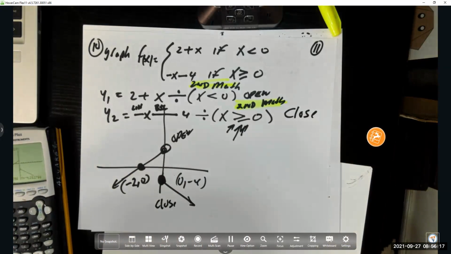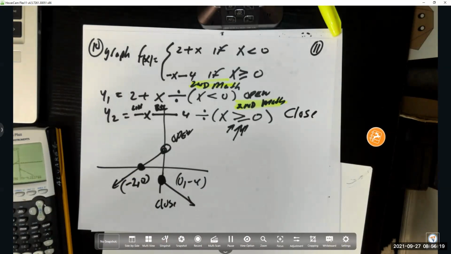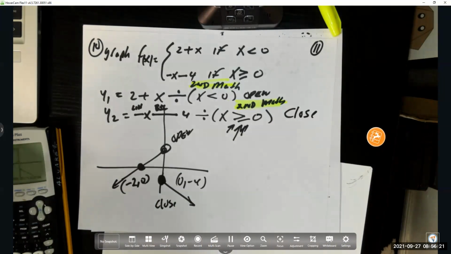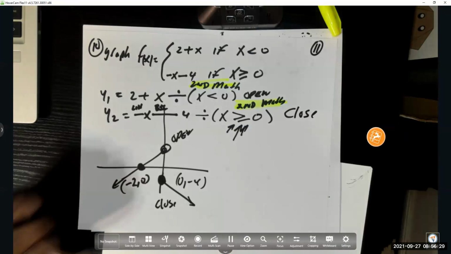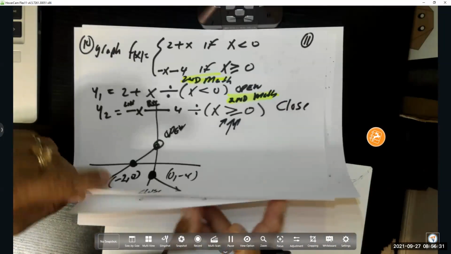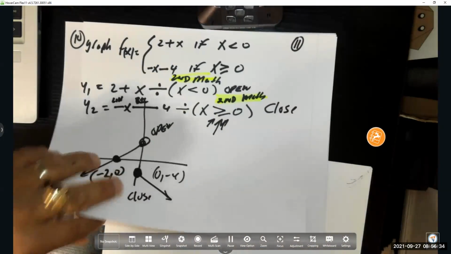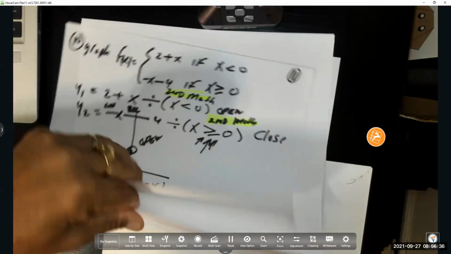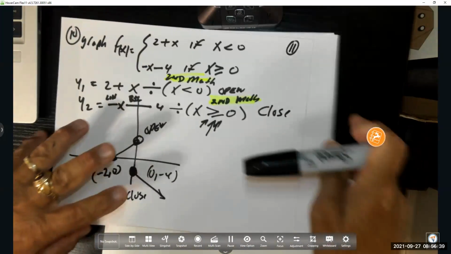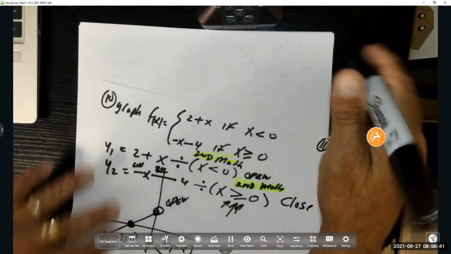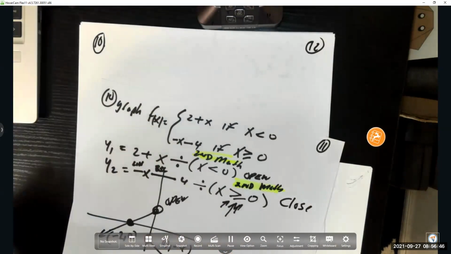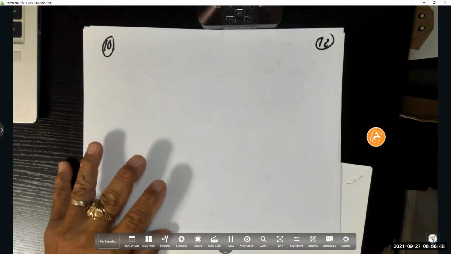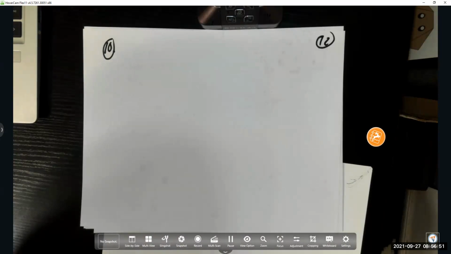Let me do another graph like this one, okay? Same thing, I'm just gonna change the numbers. All right, ready? Let's change it. So here's the graph.